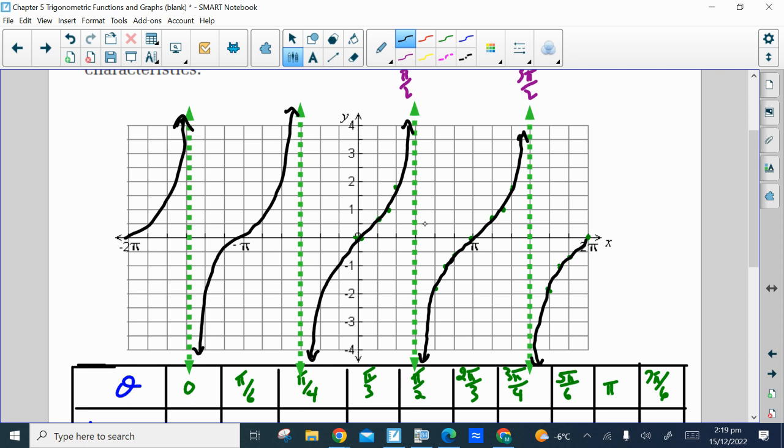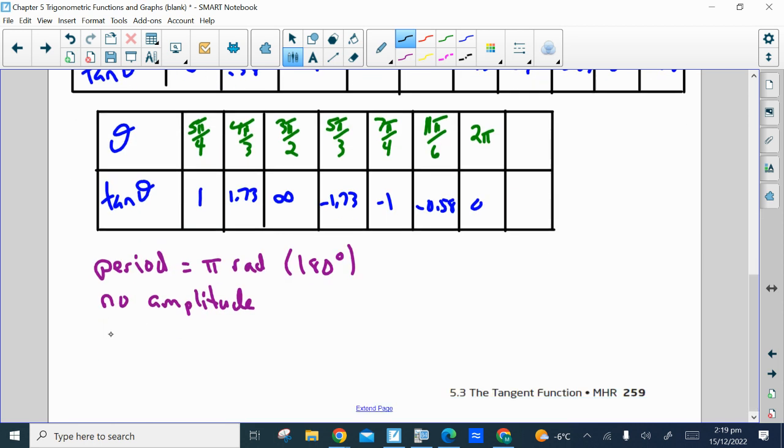So our domain is that x cannot equal pi on 2 plus every multiple of pi from there, because that's where all of the asymptotes are. Our domain here would be that x cannot equal pi on 2 plus n pi, where n is an element of integers.